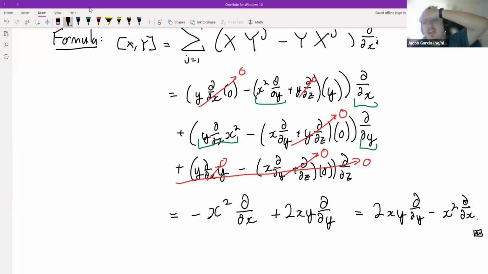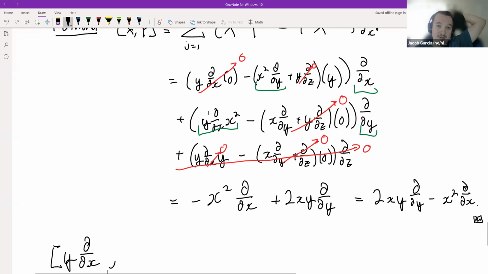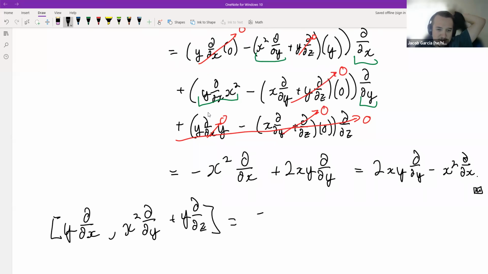There's also a way to calculate these Lie brackets using the fact that Lie brackets are bilinear operators. So you could write out the definitions here of y dx and x squared dy plus y dz, and say this is bilinear, so it's linear in the second component.